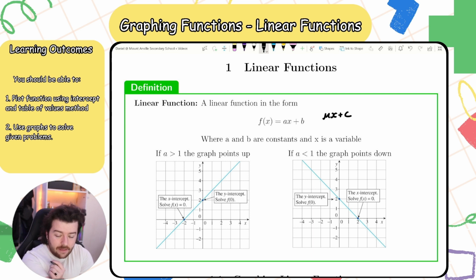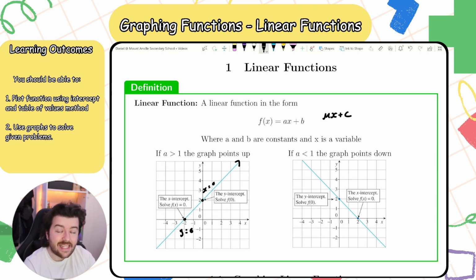So let's look at some key points of a graph. This point here, where my graph crosses my y-axis, is called my y-intercept, and that is for when x equals 0. And then here, it crosses the x-axis. That's called my x-intercept, and that happens at y equals 0. Other things to note, if a, or the coefficient of x, is positive, my graph is pointing upwards.